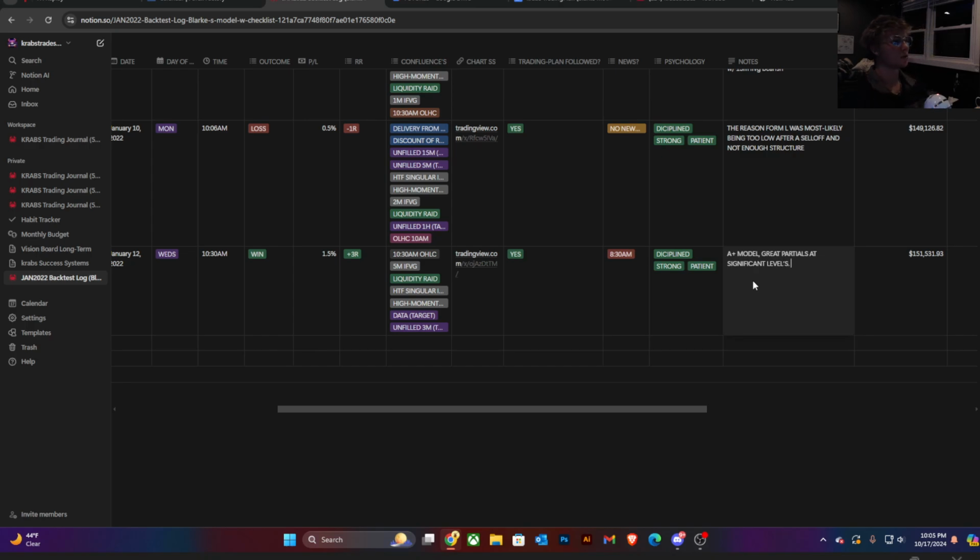Let's see what else can we say. Good job putting the limit on 10:30 open high low close. A little below though, because sometimes it's exactly.